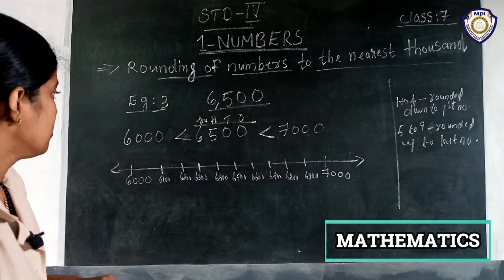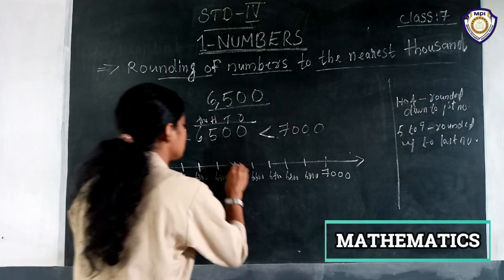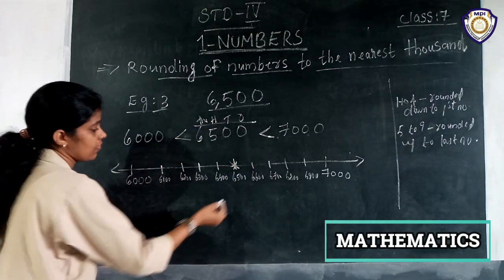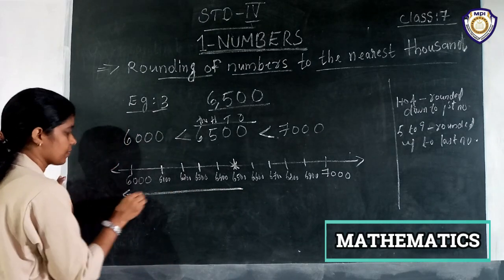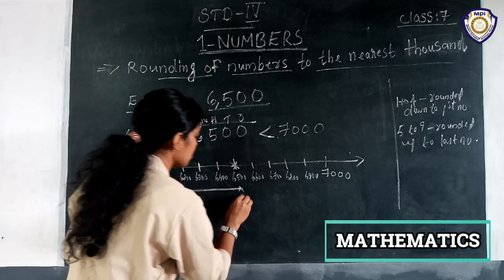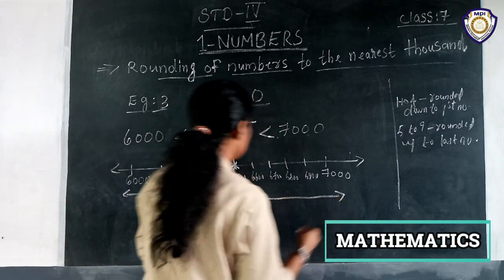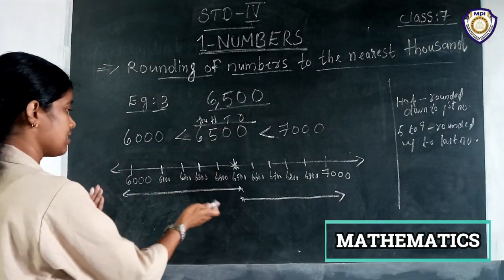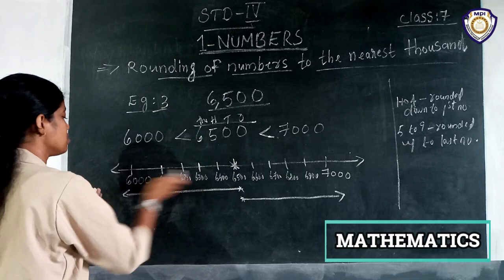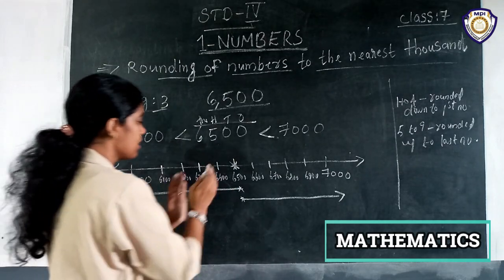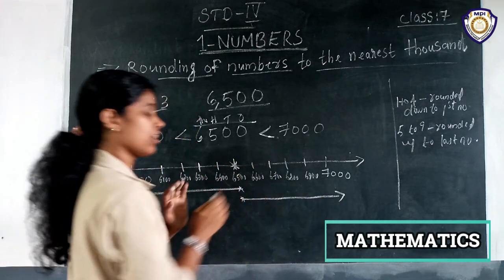Our number is 6,500. Then we draw another line. Same distance: 6,500 to 6,000 and 6,500 to 7,000.